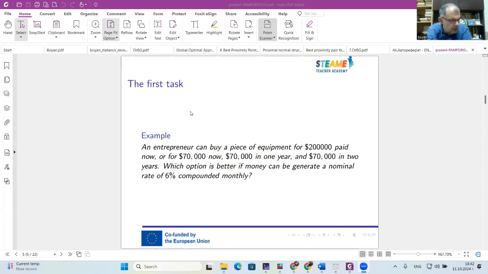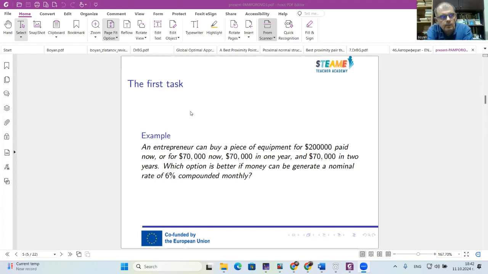So they need to learn that if you have money, it can produce more money. It is like if you have some seeds, you can sell part of them, and part of them you can grow for the next year. The same is with money.